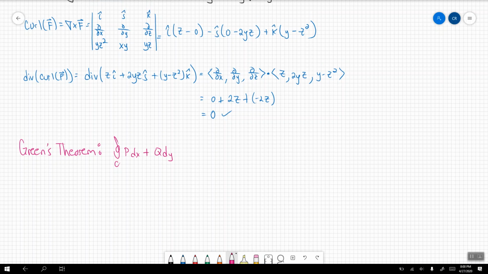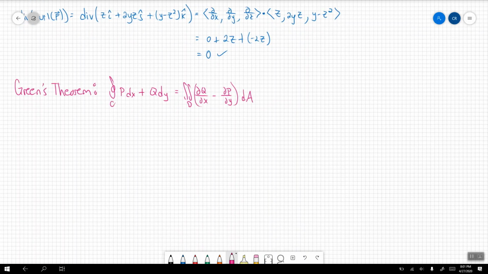Now, for Green's theorem, this is going to be equal to the double integral over some domain or over some region that the initial curve is enclosing, and this is going to be for the partial of q with respect to x, minus the partial of p with respect to y, and this is going to be dA. Alright, now this will also, as we're going to come to find out, be equal to this, just the line integral.